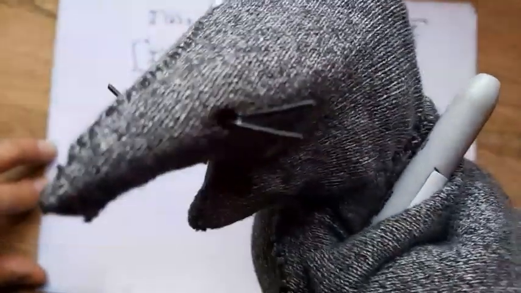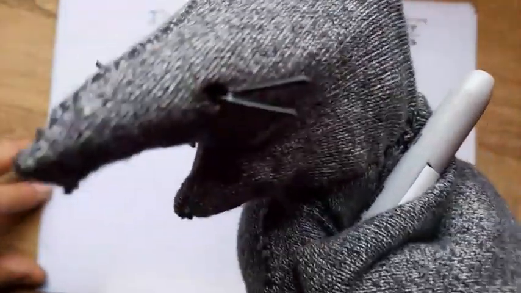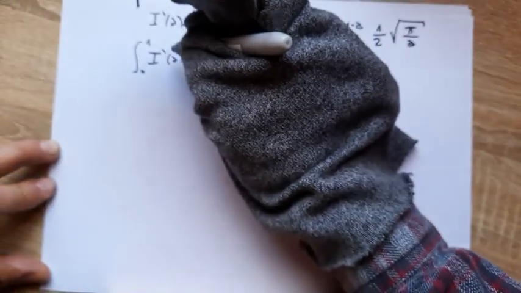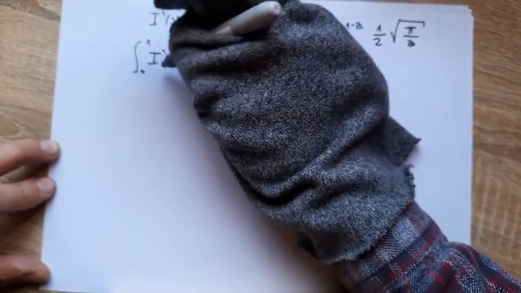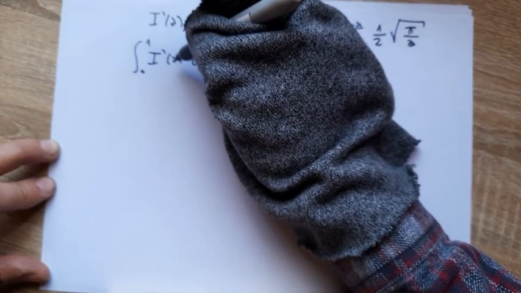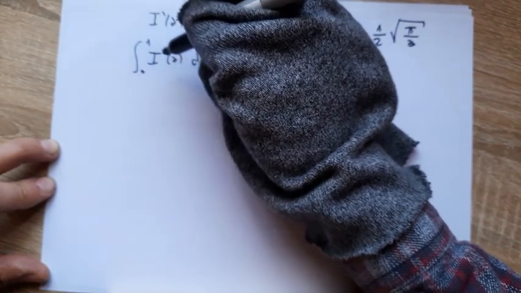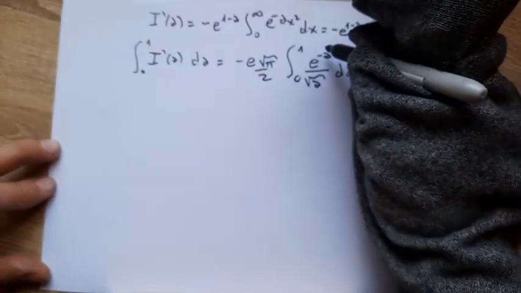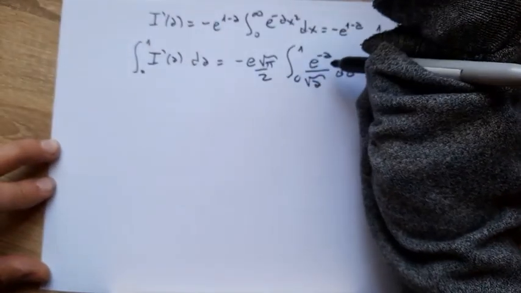Now we are in a much better position, because we know that this integral will be just I evaluated at 1 and 0, and we already know what that is, and this integral here seems like we can solve it easily.